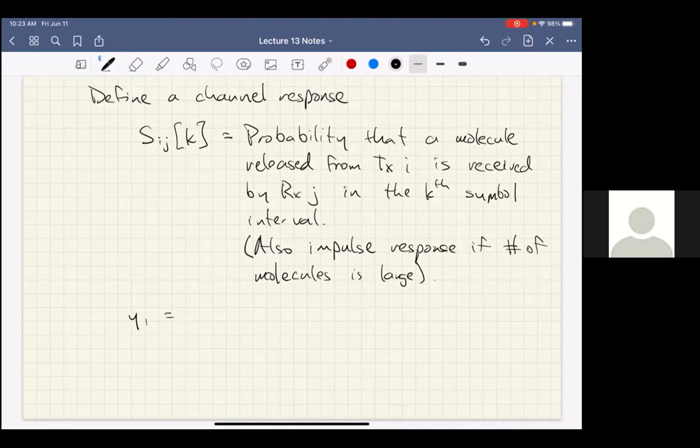That will be the number at time k: the number transmitted from antenna 1 at time k times S11, departing from 1, arriving at 1, plus the number departing from 2 at time k times S, departing 2, arriving at 1, plus a noise term.